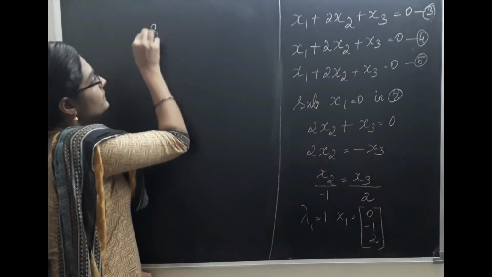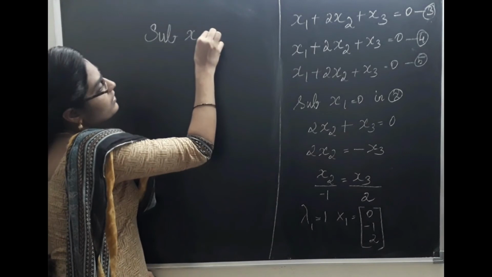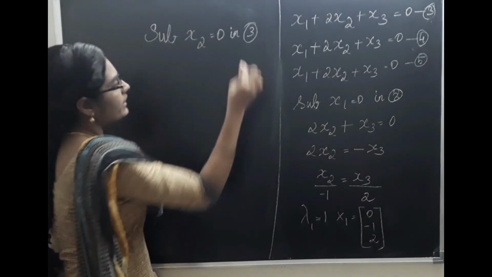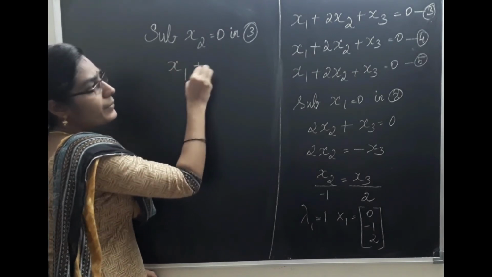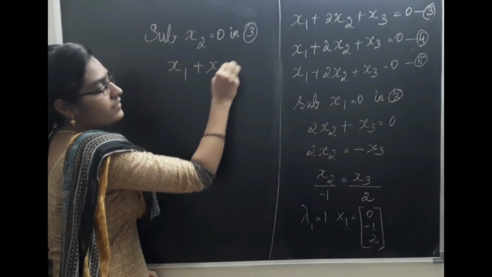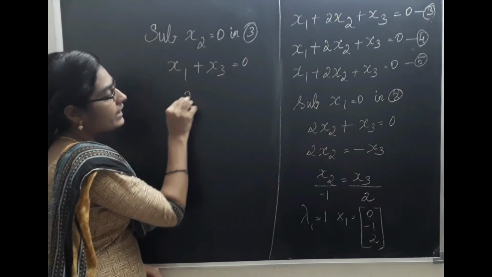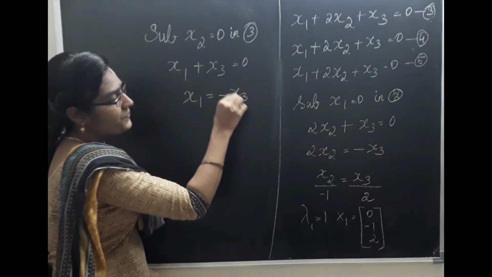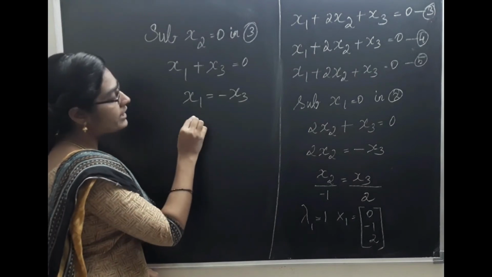Now substitute x2 equal to 0 in equation number 3. So we will get x1 plus x3 equal to 0, right? So we need to bring x3 to the other side, so that we can write it as x1 equal to minus x3. Bring the coefficients to the denominators.